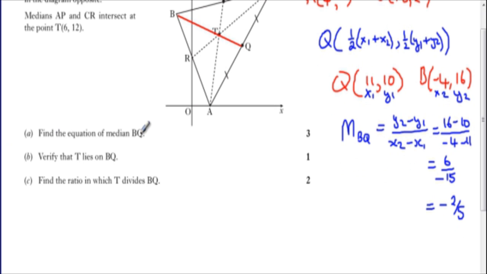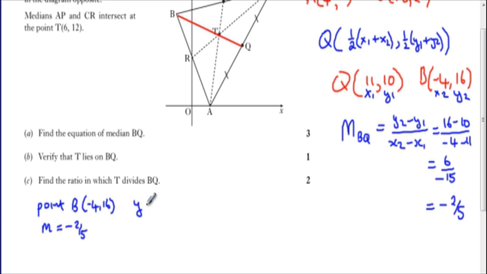Now, in order to find the equation of BQ, we need point and gradient. We've just worked out the gradient is minus 2/5. We can use the point B or the point Q. Now the point B is negative 4, 16.